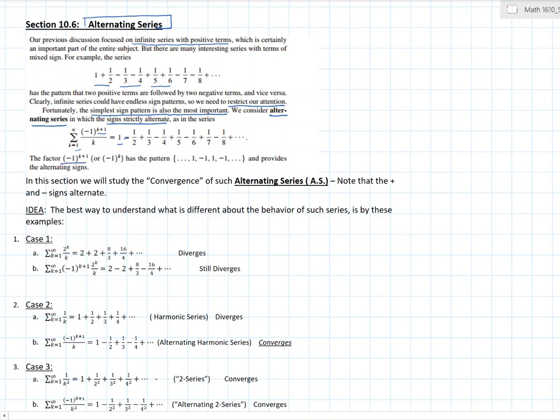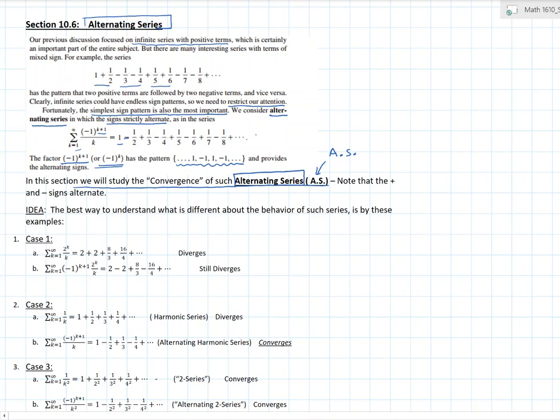So this factor that you have in front, which is negative 1 to the power k plus 1, or sometimes only negative 1 to the power k, gives you this pattern of alternate signs. So in this section, we will study the convergence of such alternating series. From now onwards, when I write AS, it stands for alternating series.